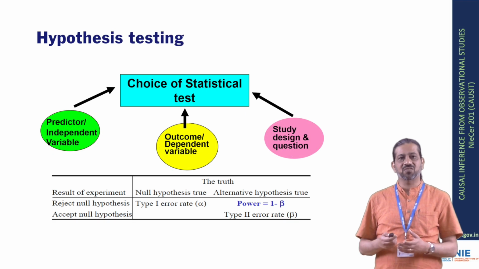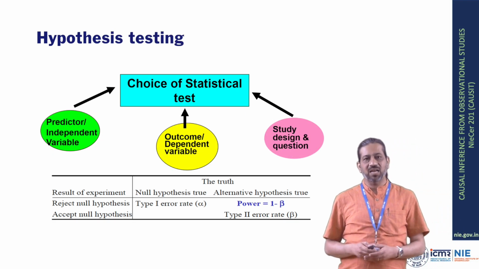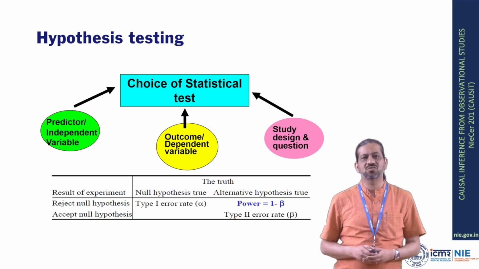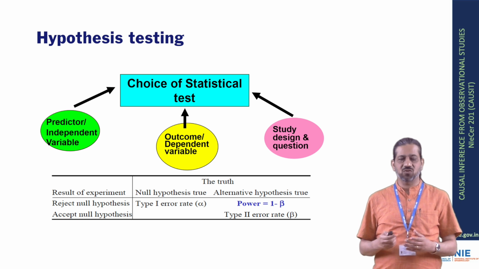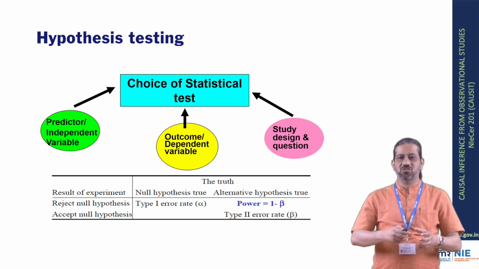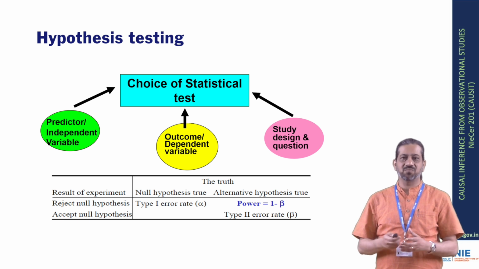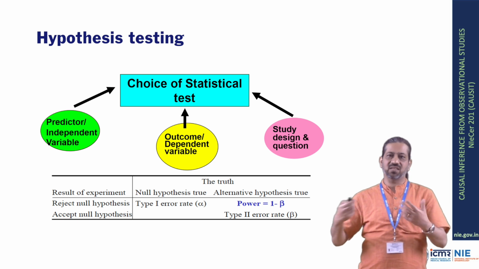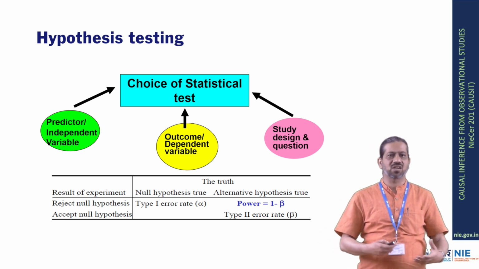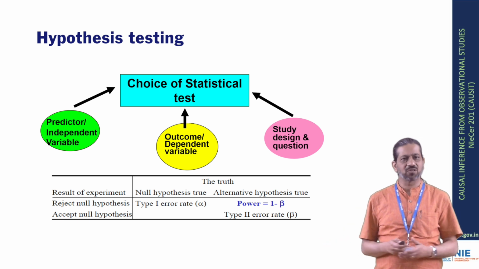For this purpose, we use what is called hypothesis testing. Hypothesis testing is generally used when a comparison is to be made. Comparison between the study population and maybe the entire target population, or comparison between two groups where one is exposed and the other is not exposed, or one has the outcome and the other doesn't, or it could be comparison amongst multiple groups as well.